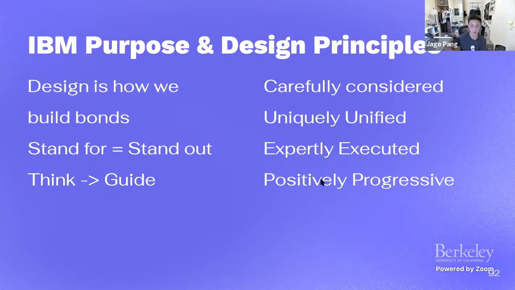The ones on the right are the design principles: carefully considered, uniquely unified, expertly executed, positively progressive. They're all alliterations for some reason, but those are the principles that they align their design to.